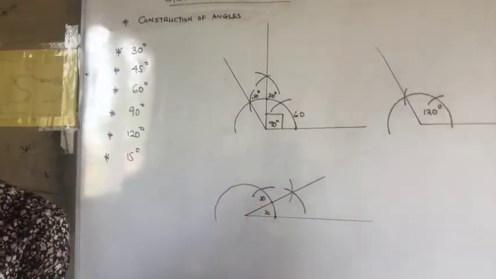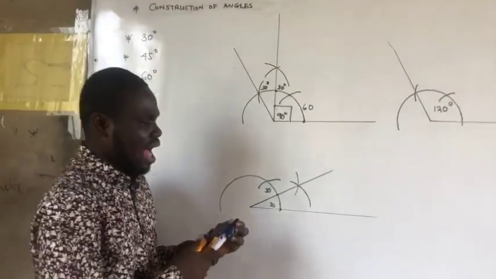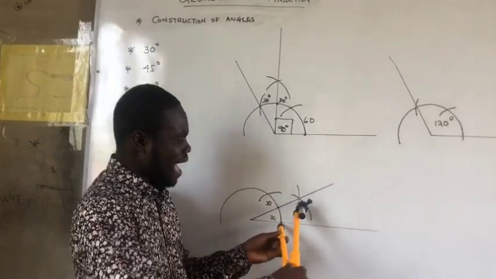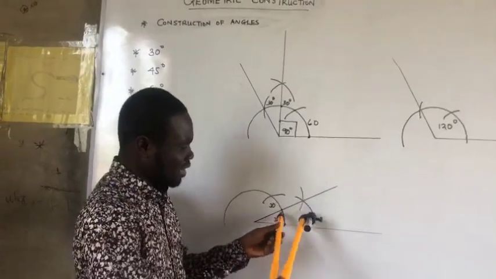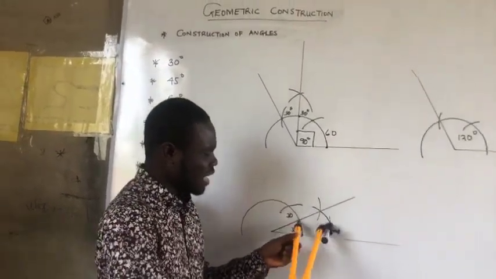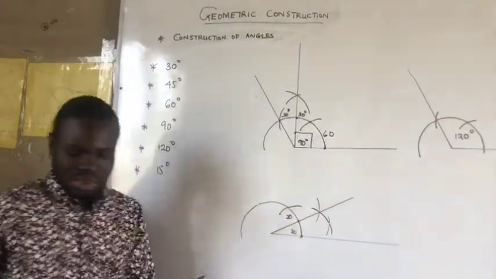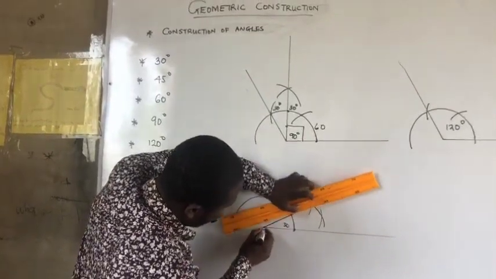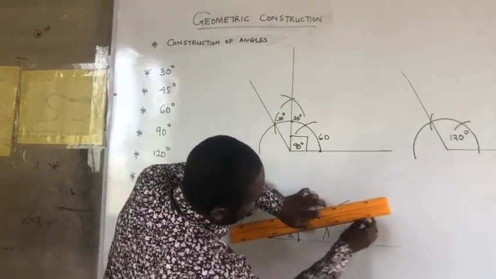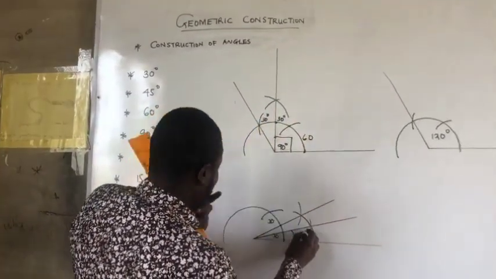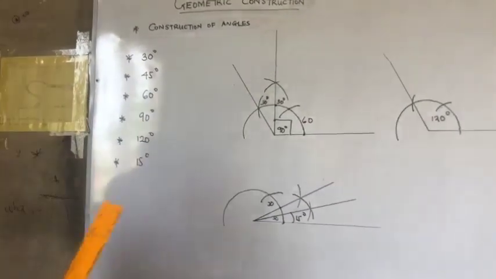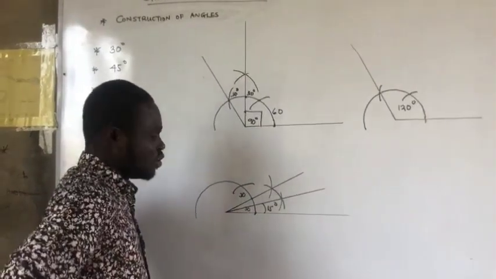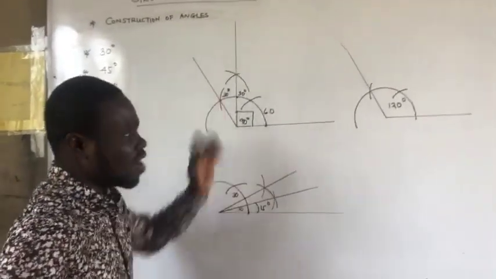So bisecting the 30 down there, I have to stand here, draw my arc, which is already this arc. Then stand here, draw another arc. Then I join the line. And that gives me my what? 15 degrees.